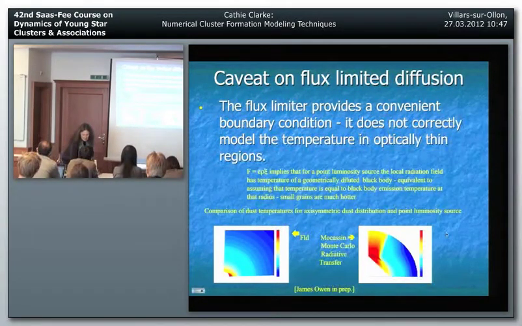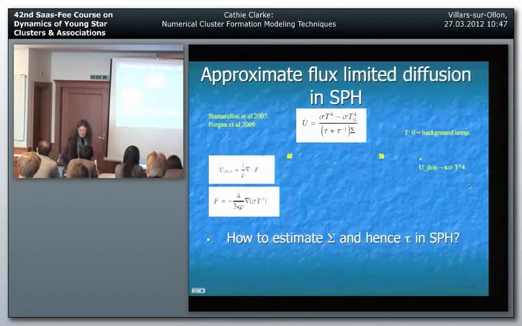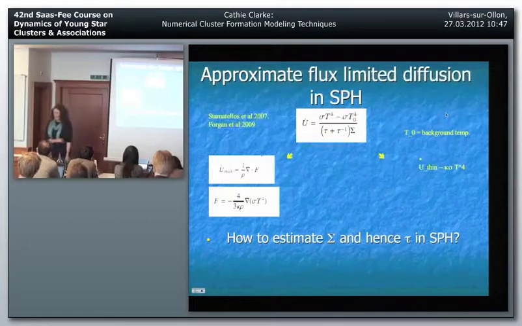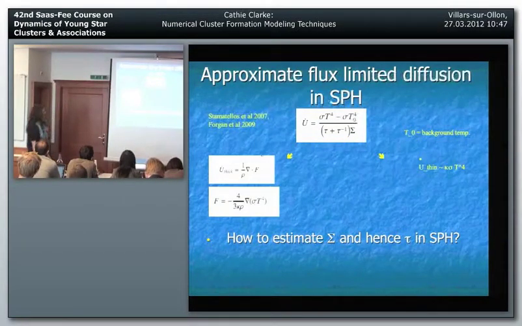I'm not proposing a solution, by the way, because you don't want to run a Monte Carlo radiative transfer scheme on this because it takes days to process a single screenshot. Another nice way around this was proposed by Dimitris Stamatellos here, saying that actually you can simplify these equations down to a form of this.